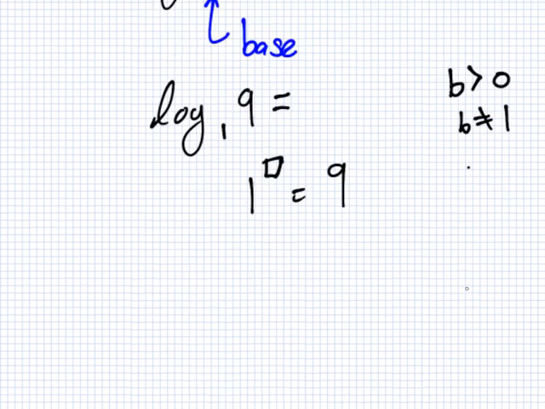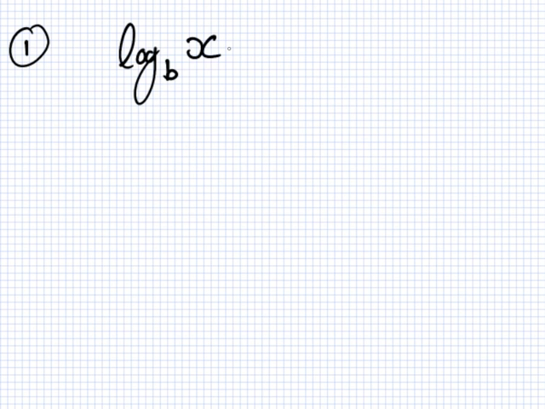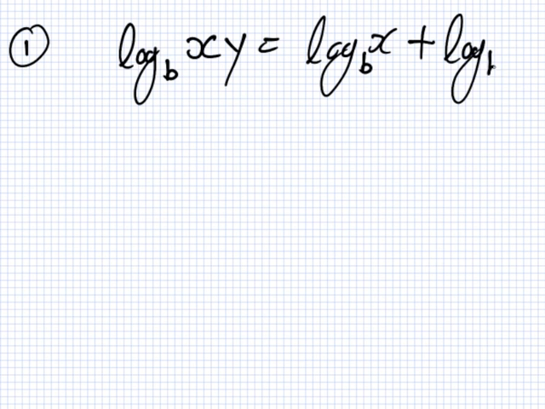Okay. Right, so the first rule, rule 1, log base b of x multiplied by y is log base b of x plus log base b of y. So you could check that out with numbers.